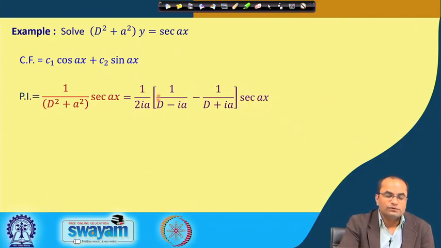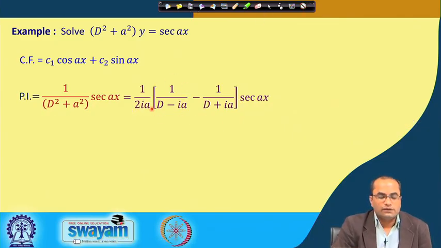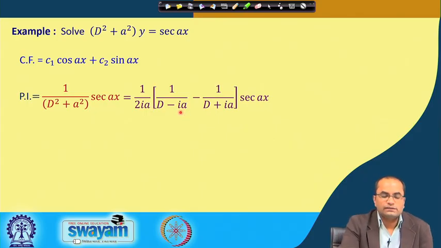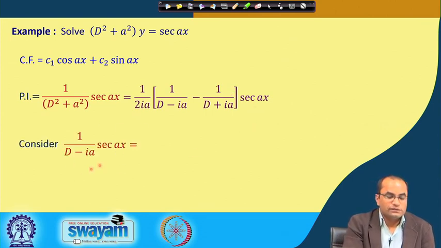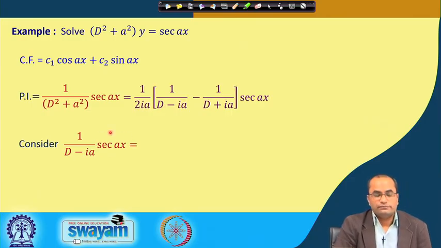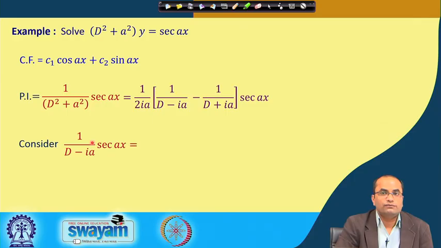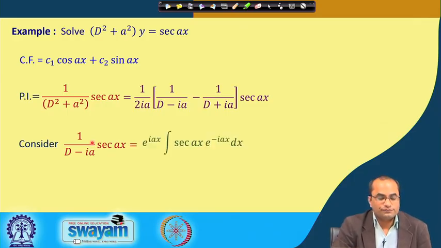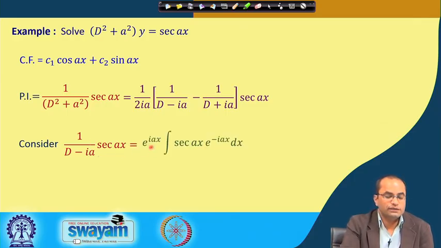The idea is, because we know already the formula for 1 over d minus ia, or 1 over d plus this constant. So, now we need to consider, for instance, the first one, 1 over d minus ia operated on this sec ax, and the formula which was derived before suggests that this value will be equal to e power this constant times x, integral of this function sec ax and exponential with the minus sign, e power minus iax, dx.